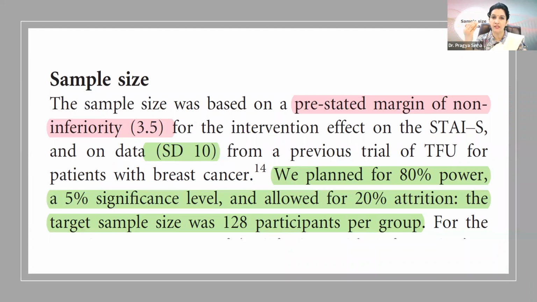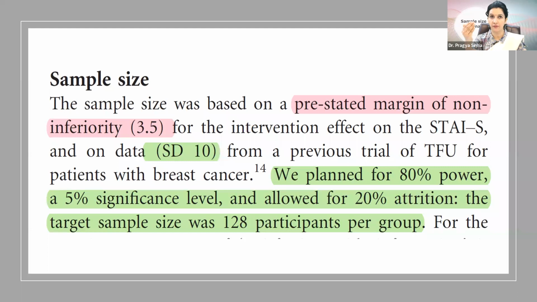Lower score means less anxiety. So this 3.5 means that whatever the traditional follow-up gives, the new one will be only 3.5 points more than that, because it will be worse. So that non-inferiority margin is 3.5.